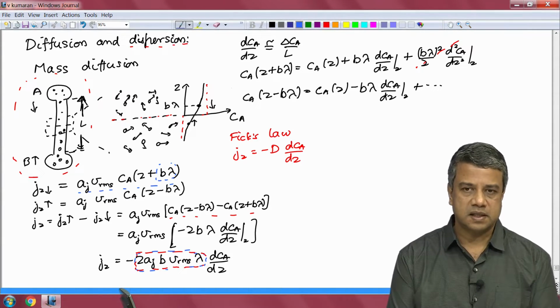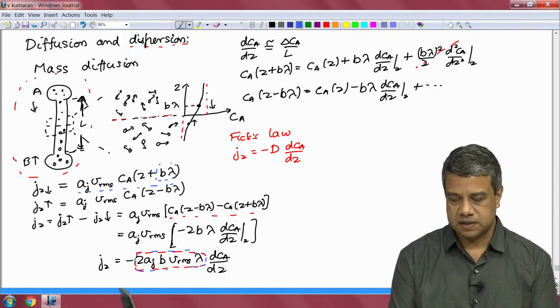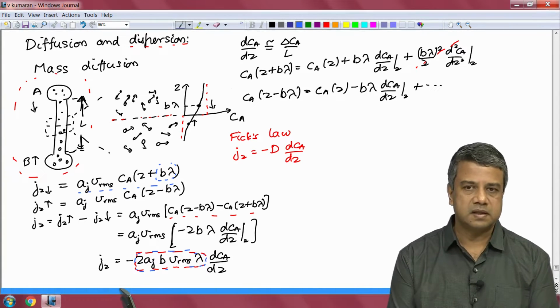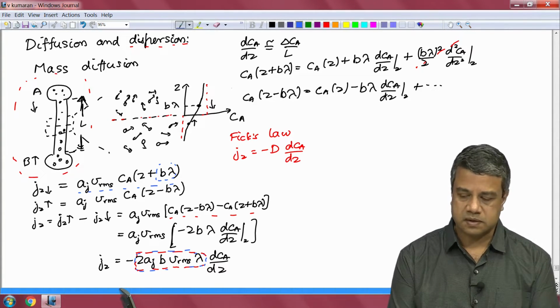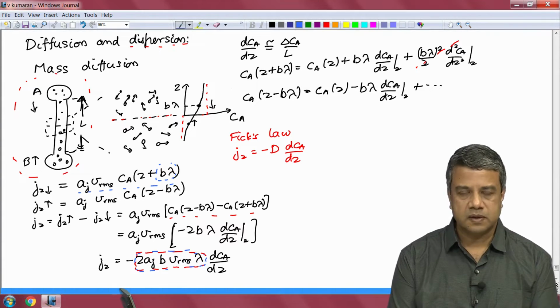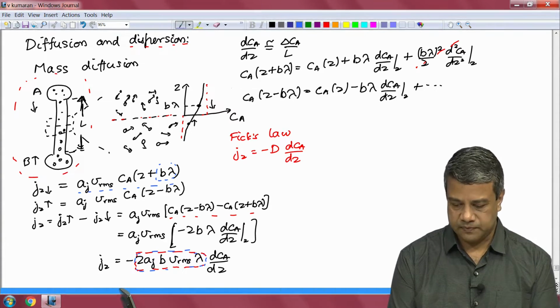It is not exactly one mean free path, but it is of the order of a mean free path above the surface, and the ratio of the average distance from which the molecules travel and the mean free path is this factor b, which is also an order 1 quantity. That is for the molecules traveling from above to below.